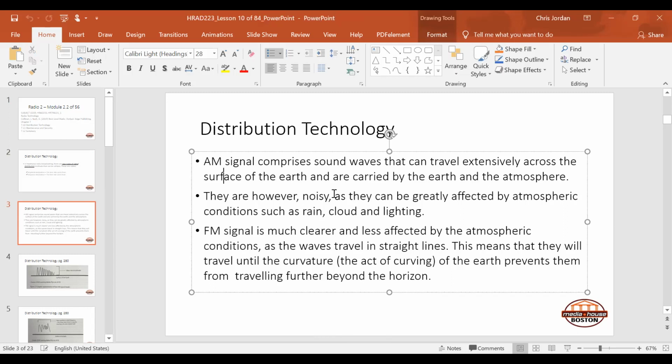I'm sure when I said AM and FM and the graphical representations, you had an idea of what that looks like graphically. This prevents them from traveling further beyond the horizon, so we're looking at more national and regional coverage.